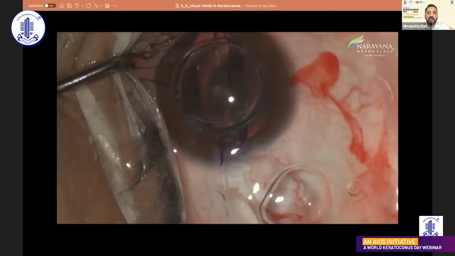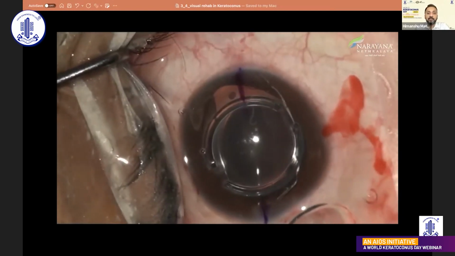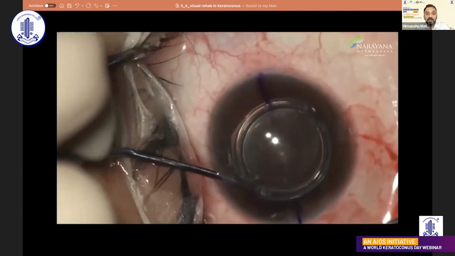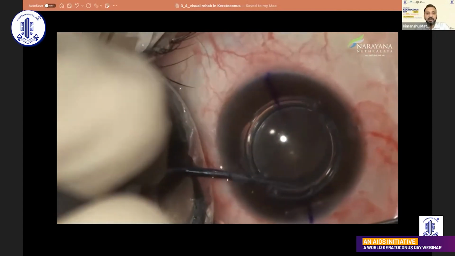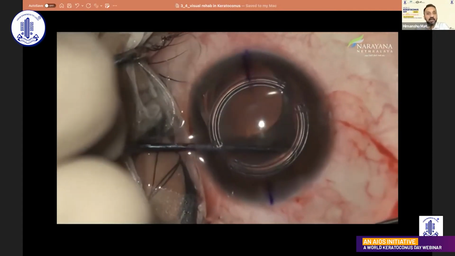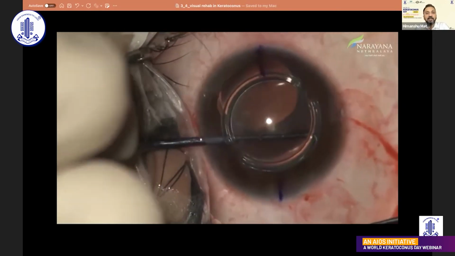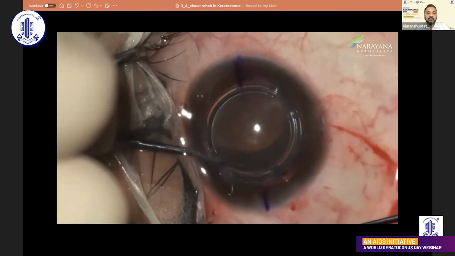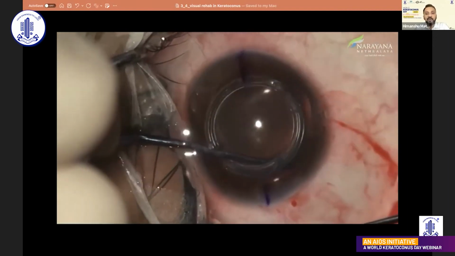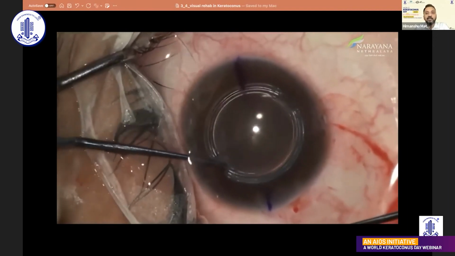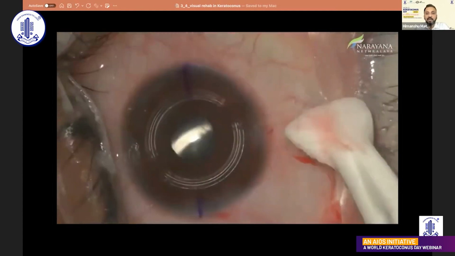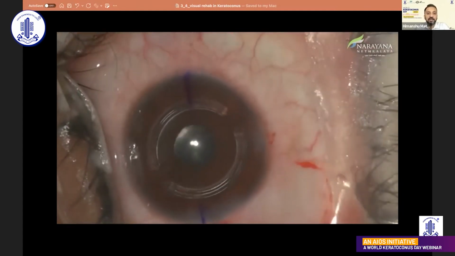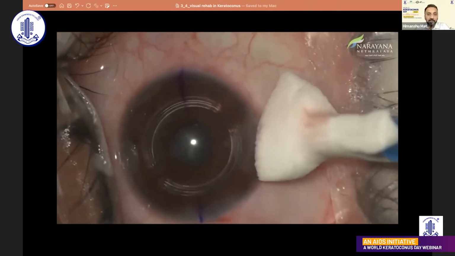When we combine following intracorneal rings or intacs, sometimes the visibility may be a little bit affected, but we can turn the eyeball in a different direction, which can still give you a decent visibility. Of course, the treatment is simpler, where we just have to tuck the lens behind the iris and remove the viscoelastic, and the surgery is over.